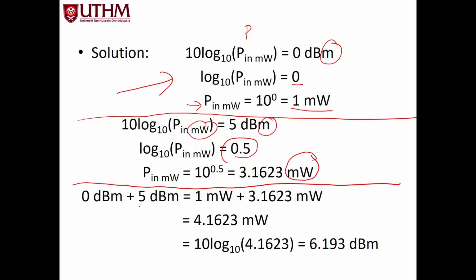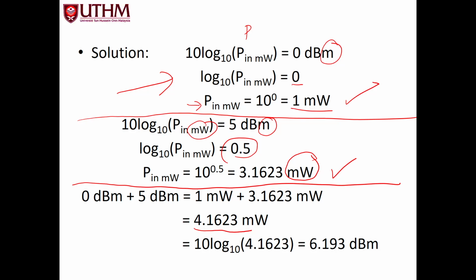Okay, so now you need to do the summation. 0 dBm plus 5 dBm is equivalent to 1 milliwatt from here plus 3.1623 milliwatt. So you get 4.1623 milliwatt. From here, you can convert into dBm. So 10 log 4.1623 milli divide with reference 1 milli.